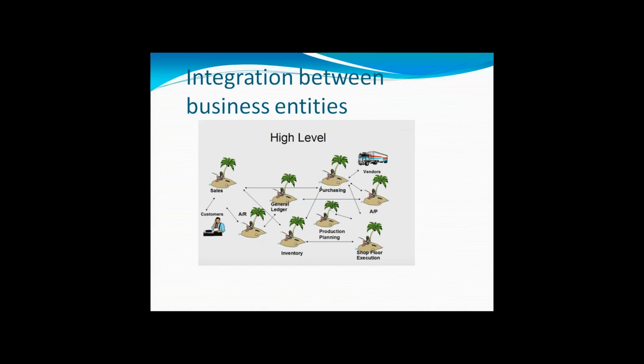The purchasing team reaches out to vendors. Purchasing also works with the accounts payable team. Purchasing works with the inventory team. Inventory works with the shop floor execution team, and production planning works with shop floor execution. This is just a very high-level overview to get an understanding of every business. The departments within every business really have to work with each other, right? They can't just function on their own, right?